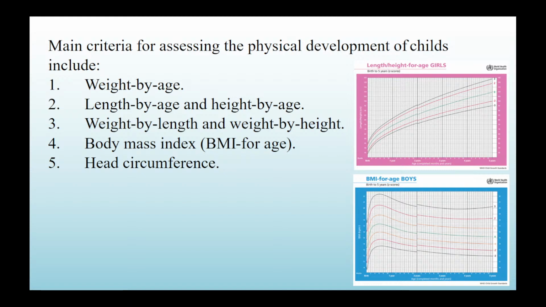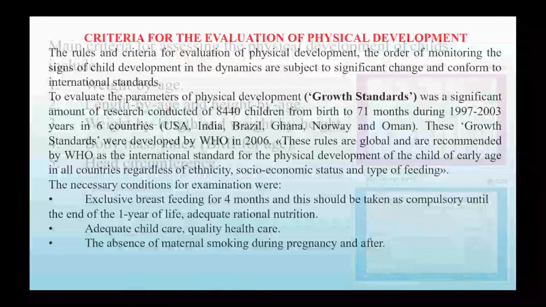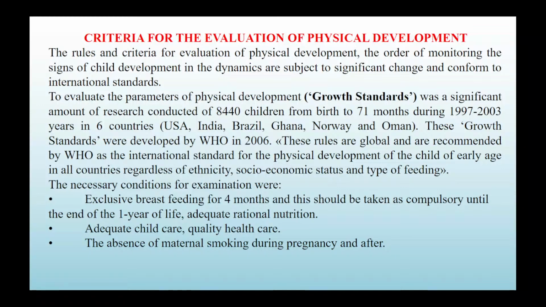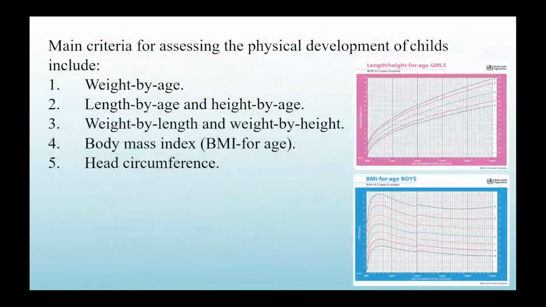After examination in the previous slide, you can see how to evaluate parameters of physical development, growth standards. After this, the World Health Organization made specific graphics for determining the parameters of physical development of a child.